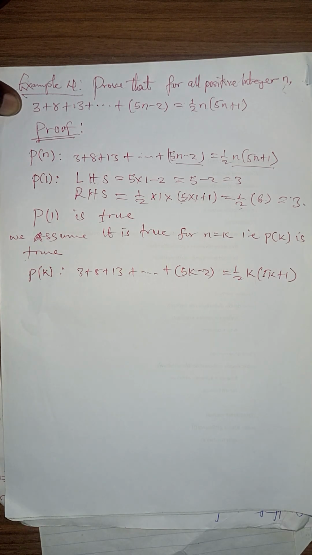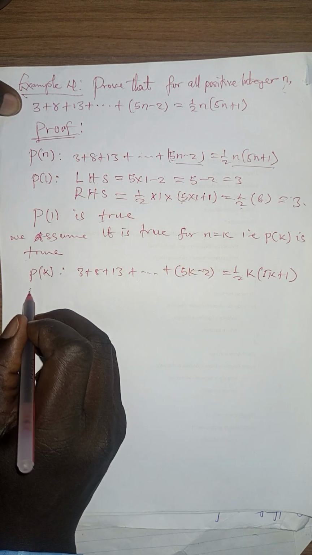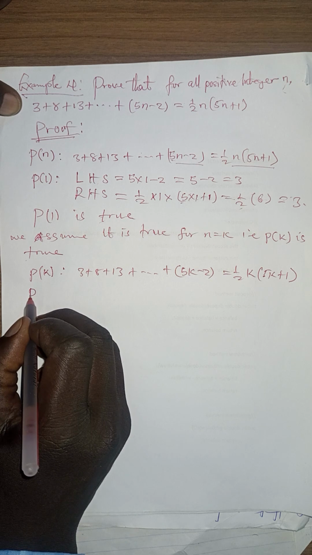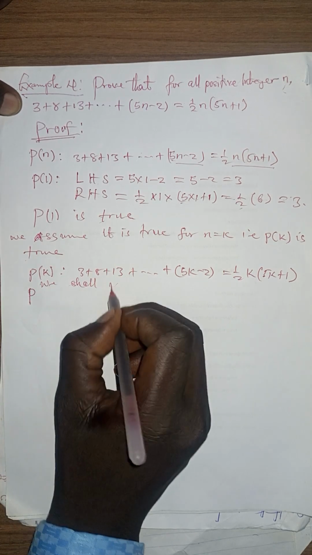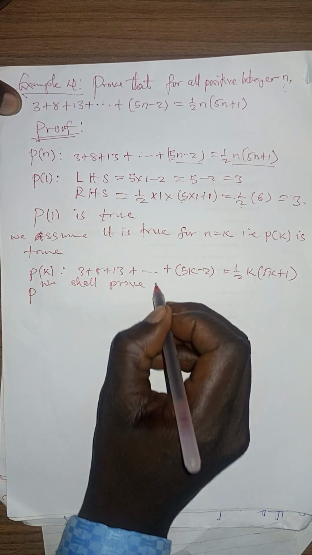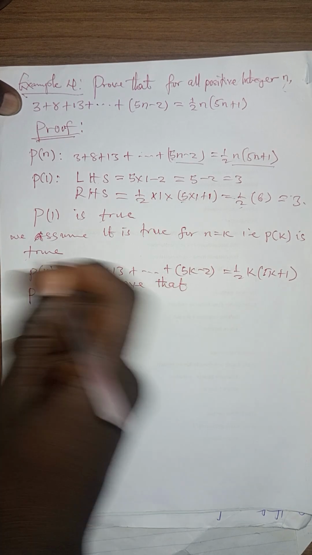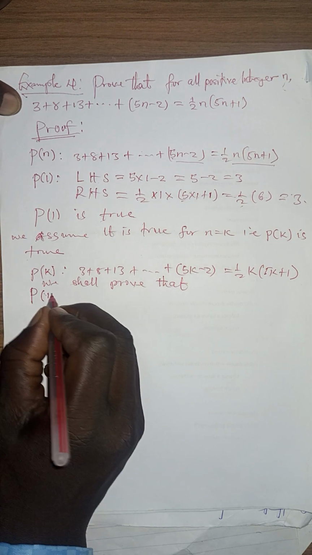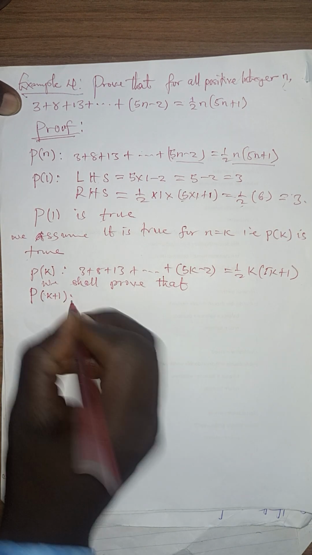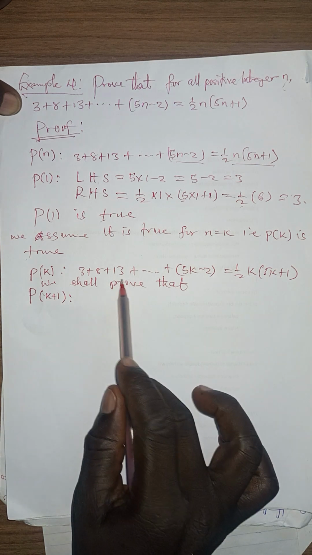Now, we want to prove that it is true for all n, so we have to prove that it is true for n equals k plus 1. Since we have assumed this, we shall prove that p of k plus 1 is true. And what is p of k plus 1?